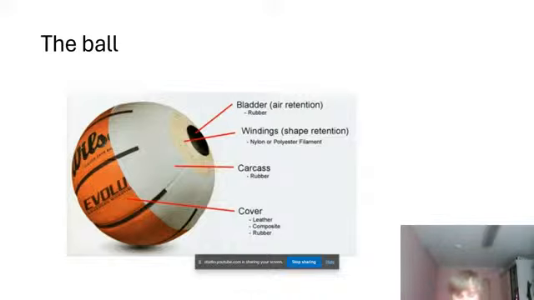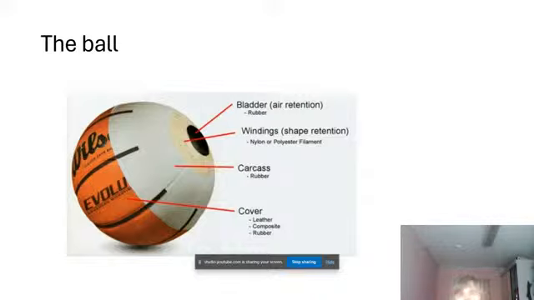But now, since the Industrial Revolution, when people learned how to work with rubber and how to vulcanize it properly, we have really good synthetic bladders which come in a certain shape.